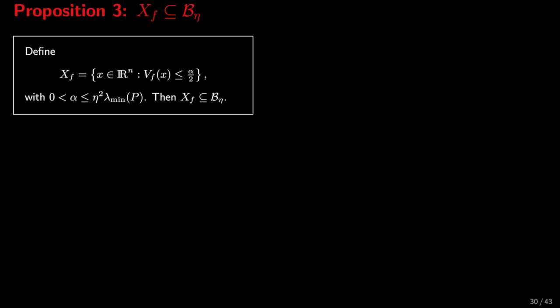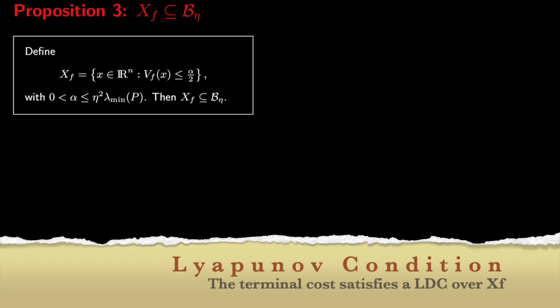So we can choose α small enough to squeeze Xf and make it be a subset of the ball of radius η. And what do we know about the ball of radius η? We know that there Vf satisfies a Lyapunov decrease condition. Of course, this Lyapunov decrease condition will be satisfied inside the set Xf.